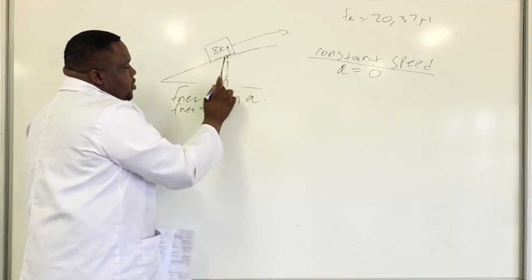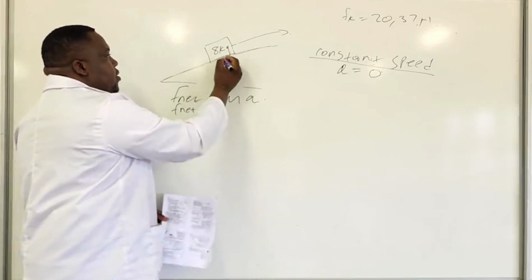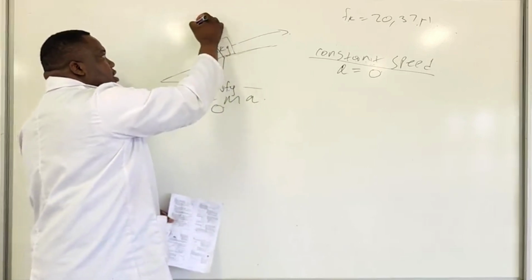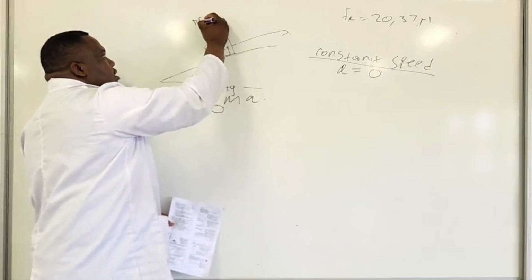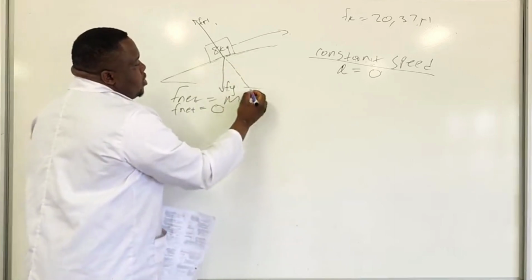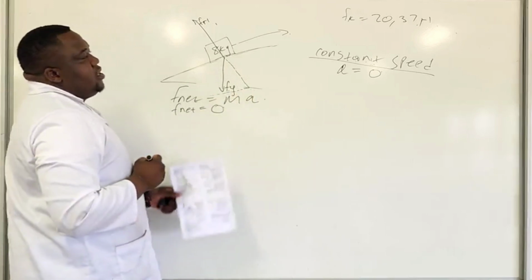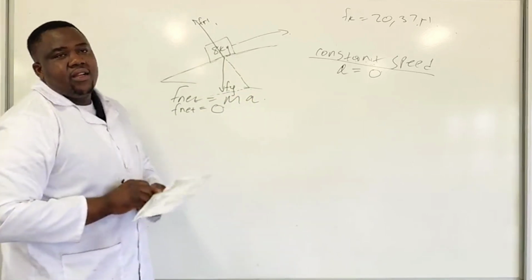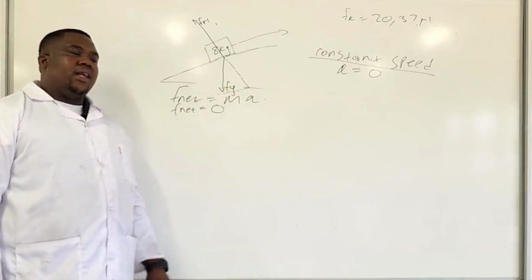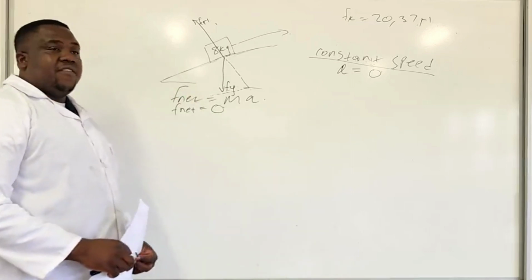Normal force will point in this direction. So here we'll have FG perpendicular, then we'll have FG parallel. Since this object is on an incline, one of the forces acting parallel is FG parallel. We must never forget that.